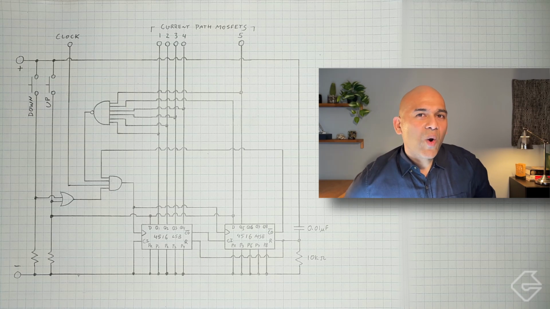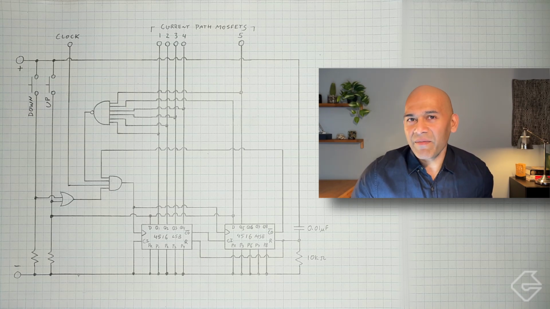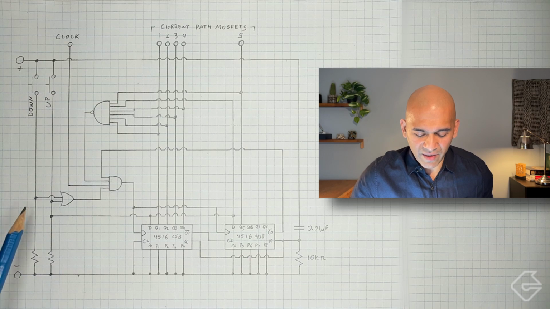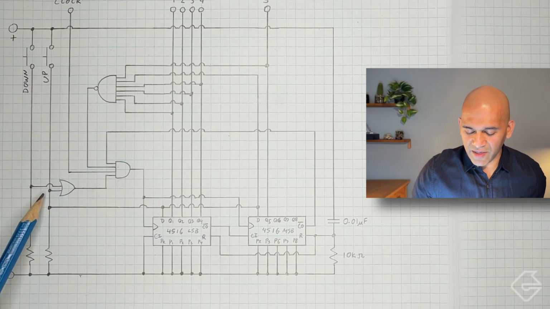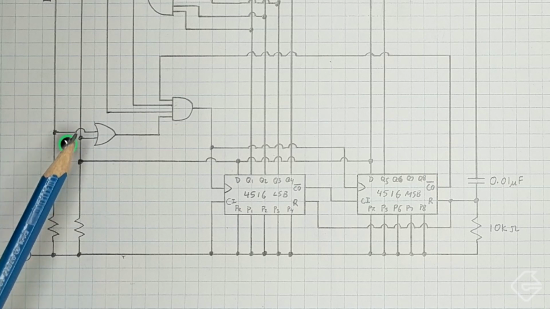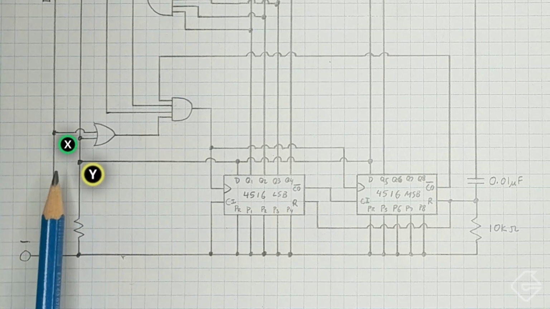So now that we know what we're trying to achieve, how can we put the circuitry in to make that happen? Well, think about the points that we need to focus in on. We need to focus on this point over here, let's call it point X, in other words, for bouncer X. But bouncer Y is controlled from this point over here.